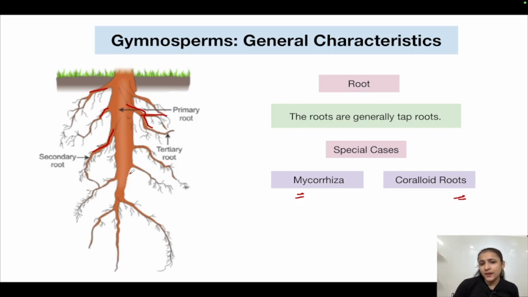There is the main thick primary root, which branches into secondary roots, which further branch into tertiary roots. And these small hair-like structures are known as root hairs. What are they known as? Root hairs. So in most gymnosperms, only tap roots are present. There are some special cases which we will be covering now.